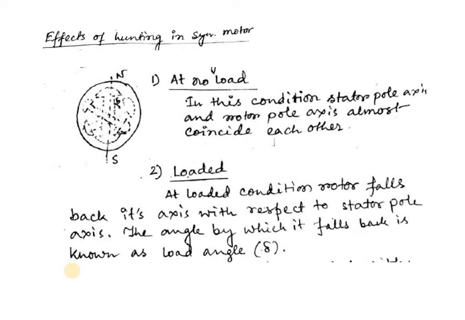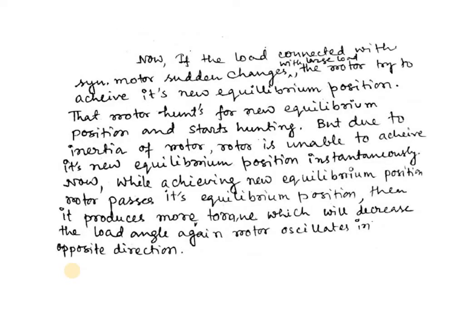Now if the load connected with the synchronous motor suddenly changes to a large load, the rotor tries to achieve its new equilibrium position. The rotor hunts for the new equilibrium position and starts hunting.